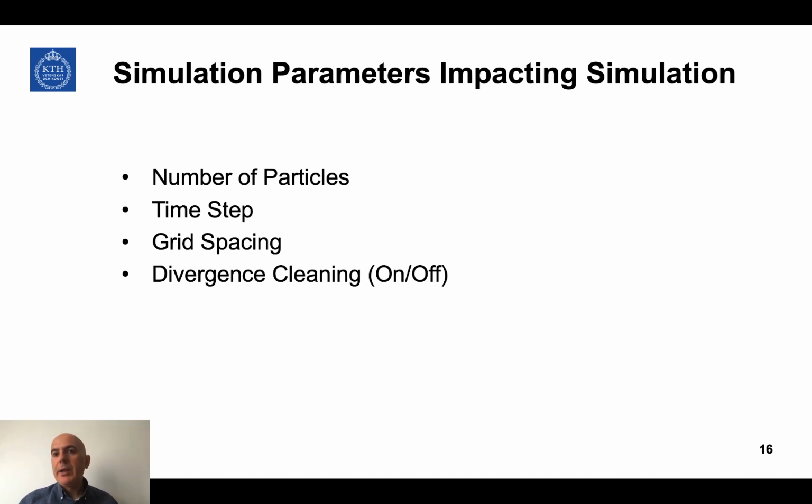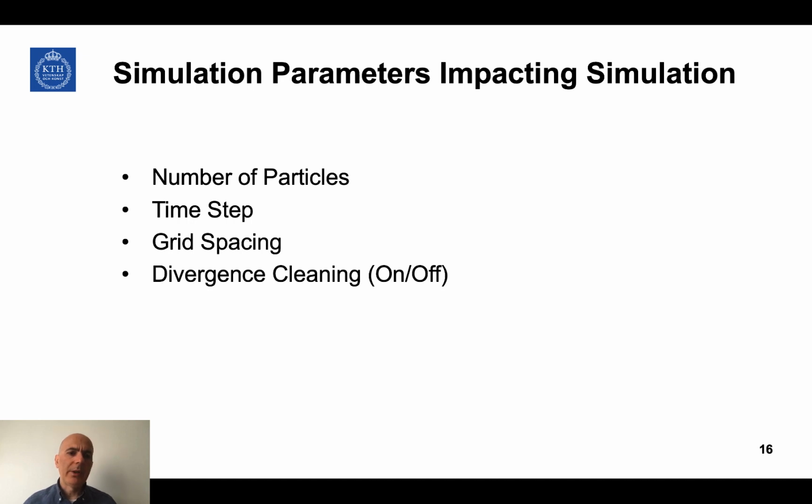Another question is which time step to use, especially since I know that some schemes might become unstable if the time step is too large. And also, what is the grid spacing, and how we choose it depending on the time step can also give some numerical instability.